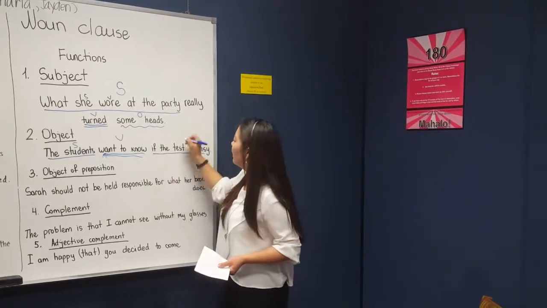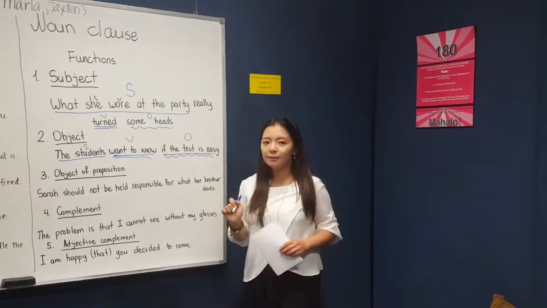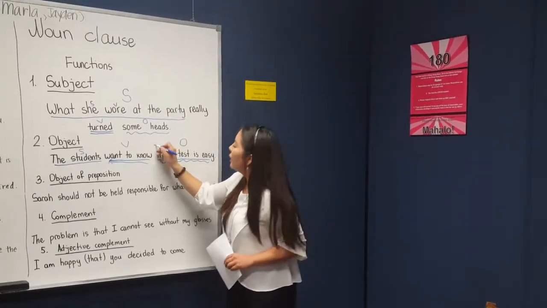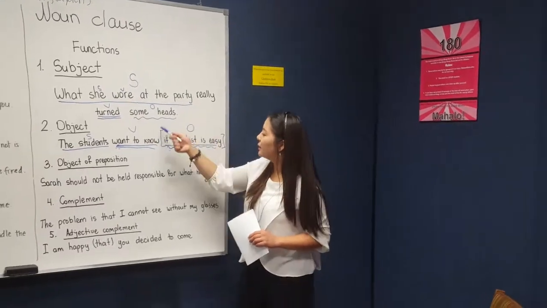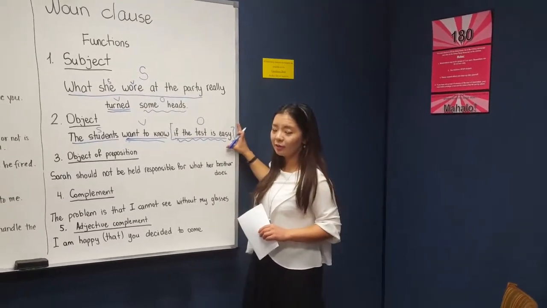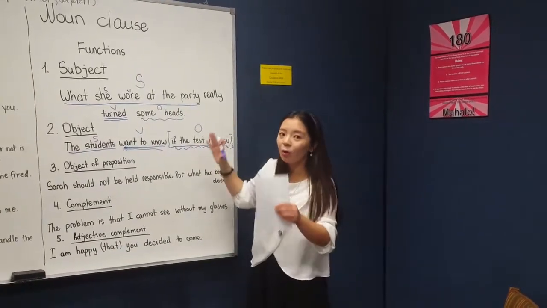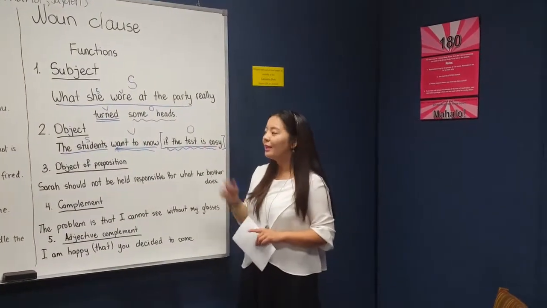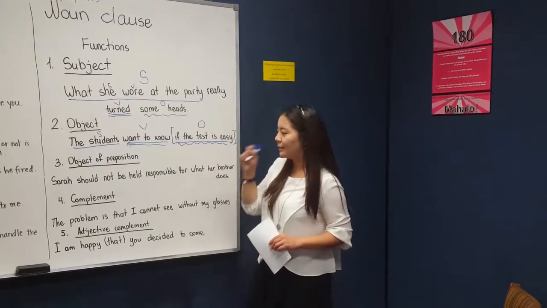It's definitely the object of this sentence. So this dependent clause functions as an object of the whole independent clause. Now we know the noun clause functions as an object in this case.